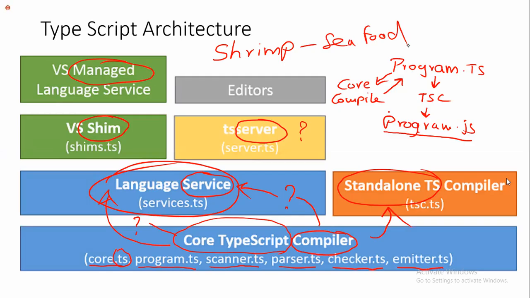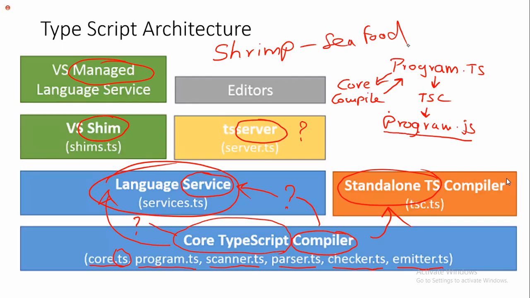Now come into the programming concept. Many people may not be aware of this. Do you know shrimp is gender neutral? Gender neutral. That means shrimp, S-H-R-I-M-P.